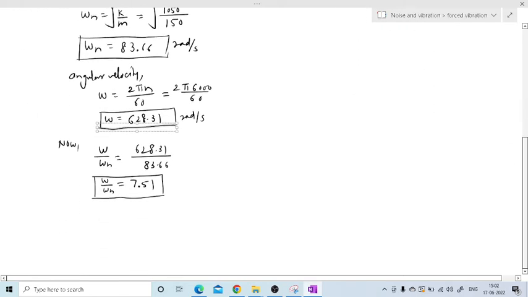So I'll write the first answer, the amplitude of vibration. What is the formula for this one?